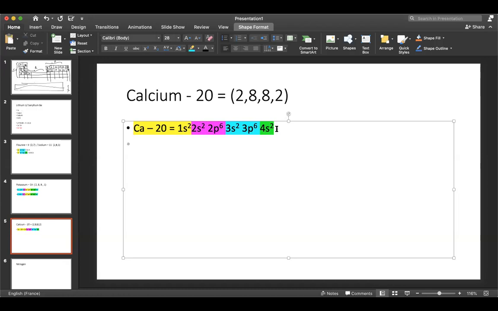Now with the periodic table method, number 20, I'll be counting just now.